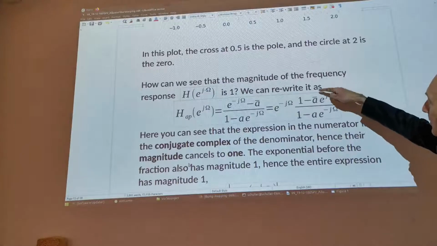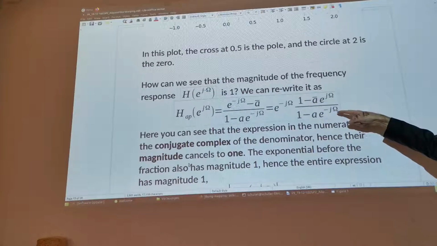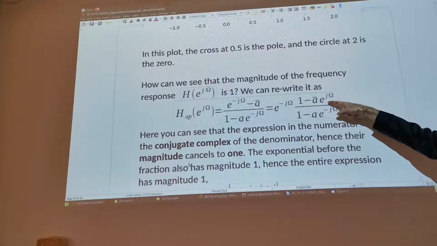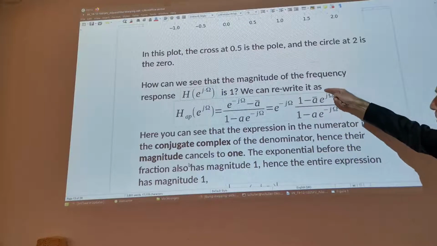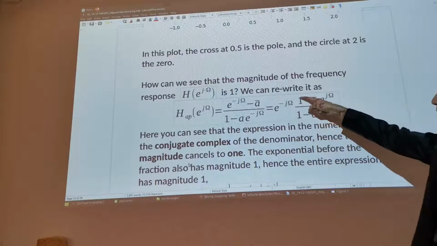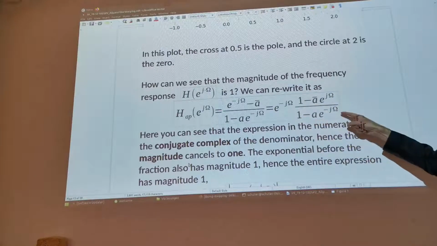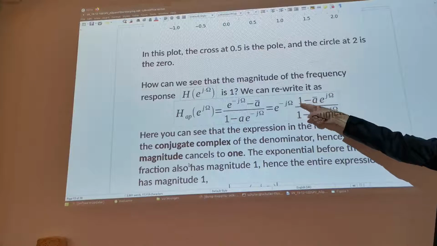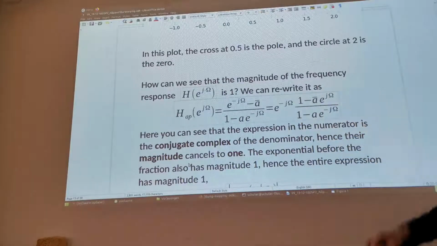Actually this expression and this expression are conjugate complex of each other. Here we have a plus, here the minus, so that means that this is also conjugate complex. Altogether this is the conjugate complex of this. And since this is a real number, the conjugate complex of 1 is also 1. So we have a number divided by the conjugate complex number. What do we get?